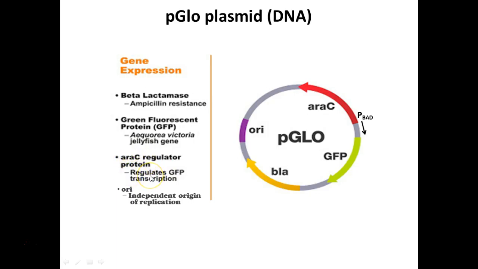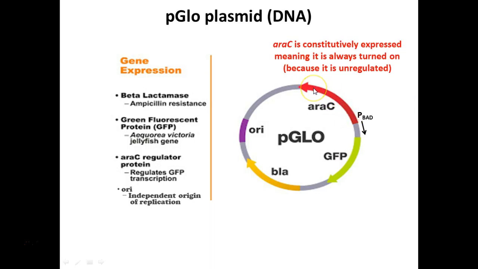It's a regulatory protein. And then all plasmids have a site of origin for replication, so that the organism is able to copy this circular piece of DNA, this plasmid. And that's the site of replication where it starts.